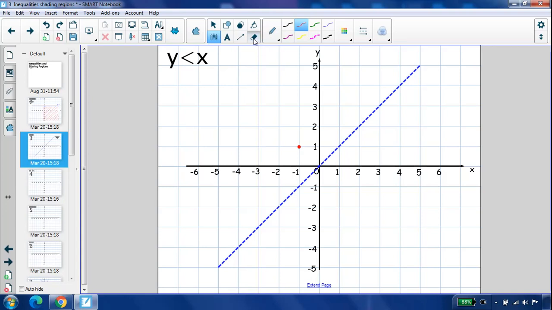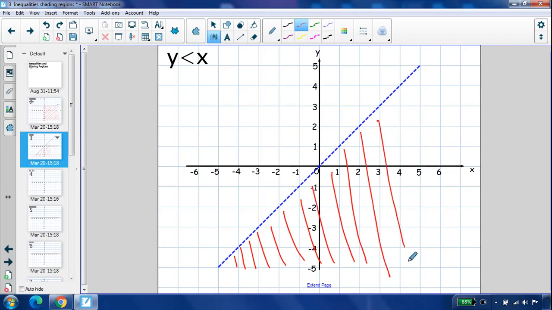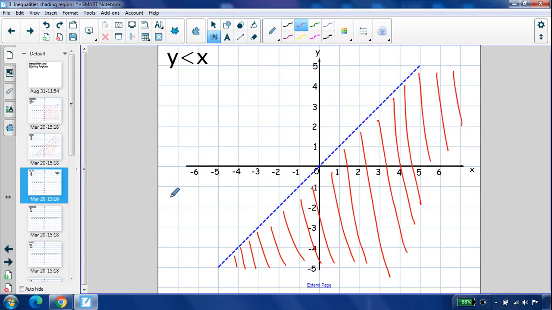Well, that is not the case, so I'm not in the right region. The region must be over here. So I'm going to shade this region here, which satisfies the inequality y is less than x. I'll move on to the next one.